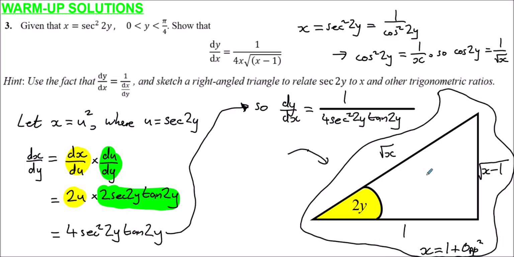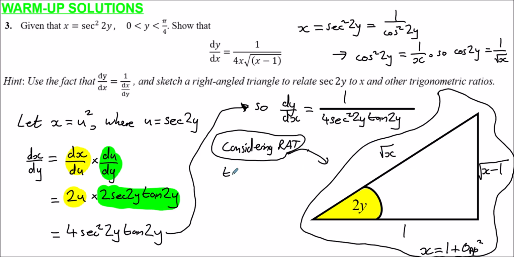So, considering a right-angled triangle, which are lazily called a rat. It's not literally a rodent rat, it's a right-angled triangle. So if cosine 2y is 1 over root x, which we've established, then of course we can find expressions for tan of 2y.